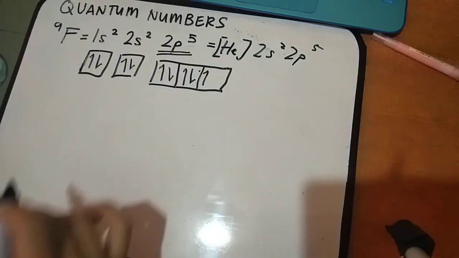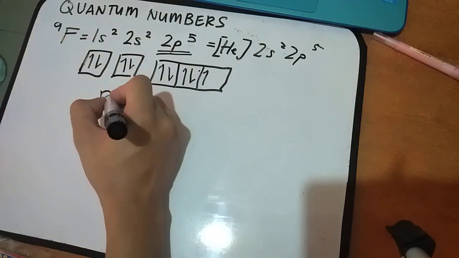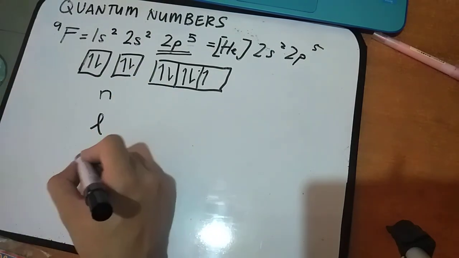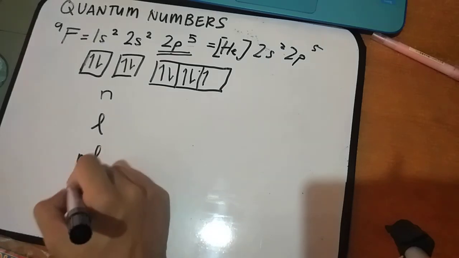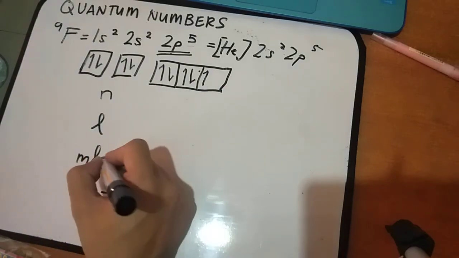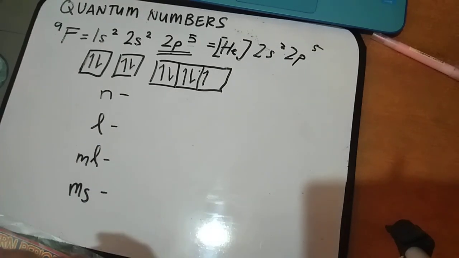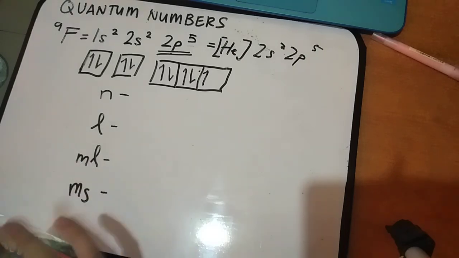Dali natin tingnan. So, let's have N, the L, the ML, and the MS. Okay? So, pagka N daw, any numbers from 1 to 7. Kasi ayun nga yung titingnan natin.